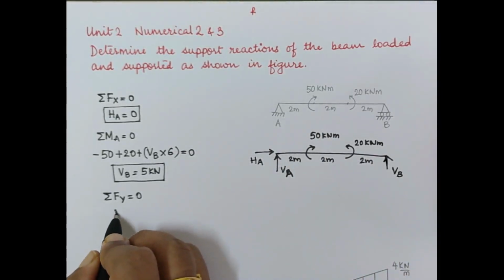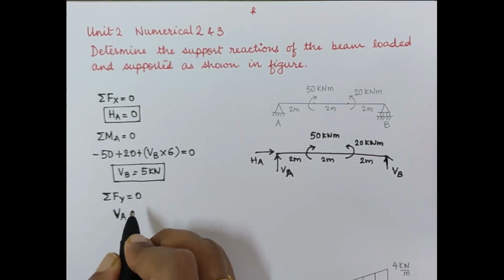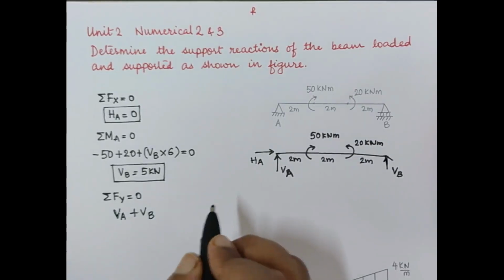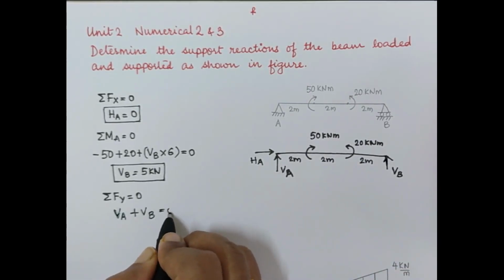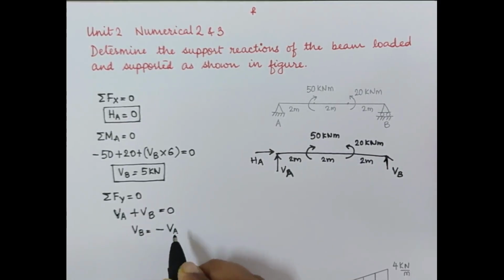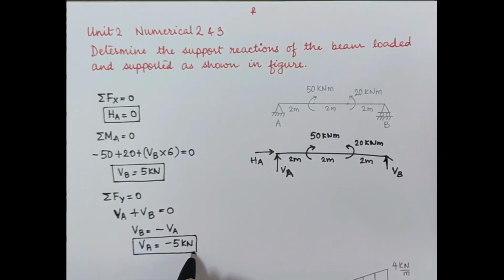VA going upwards, we put it as positive. VB going upwards, we put it as positive. There is no other force in the vertical direction, so equal to 0. This gives us that VB is minus VA, and similarly VA is minus VB. So we get the value of VA as minus 5 kilonewton. Using the three equations, this is how we calculate the three unknowns.